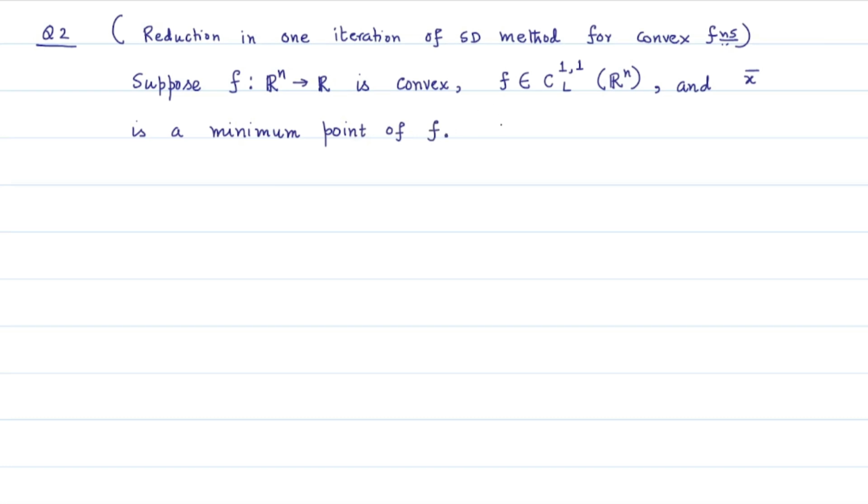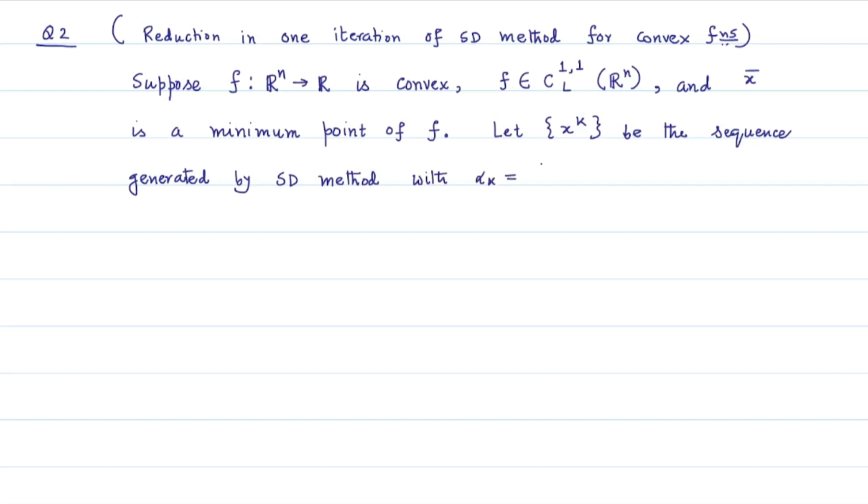Now let us employ the steepest descent method on this function with a constant step size alpha k equal to beta by L, where beta is a constant in between 0 and 1. With this constant step size, let us suppose the sequence generated by the SD method is xk.